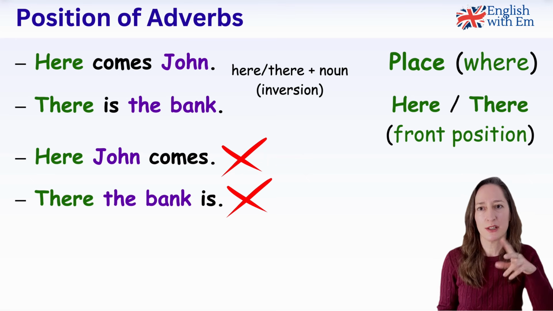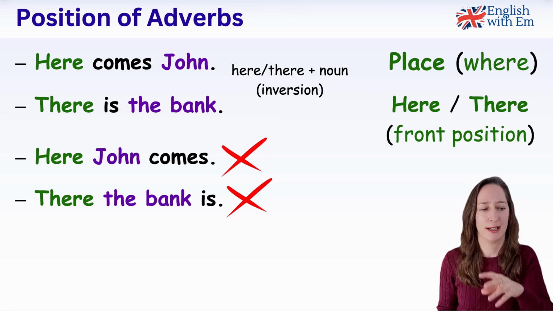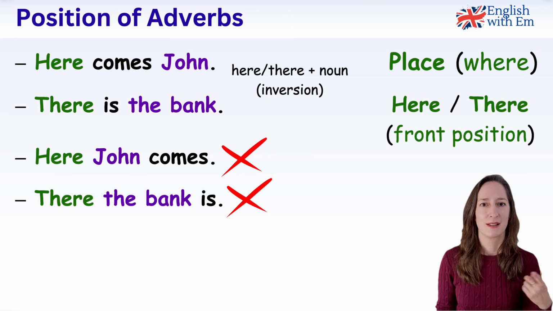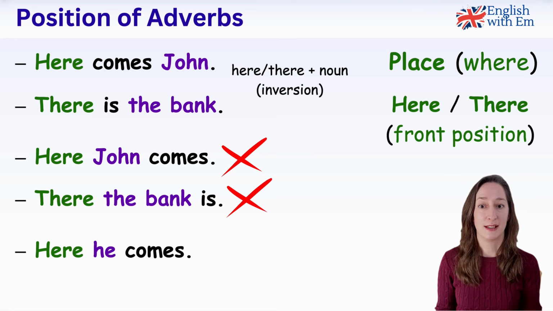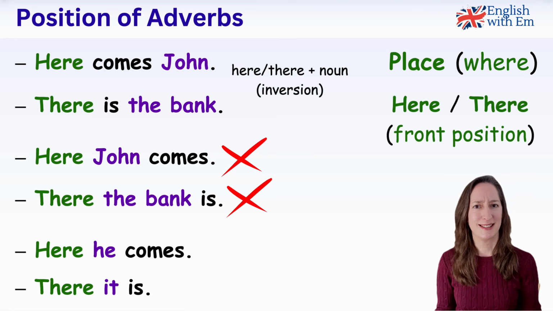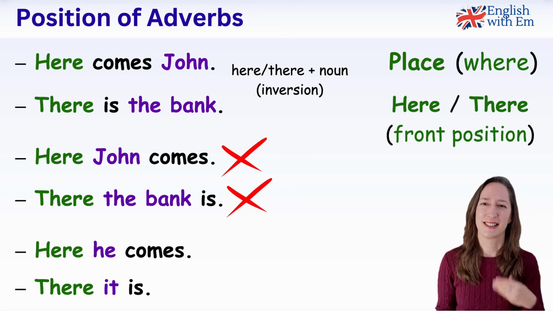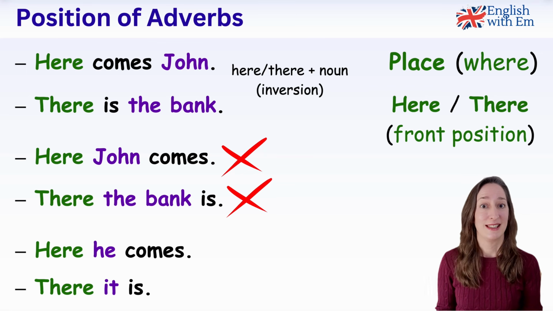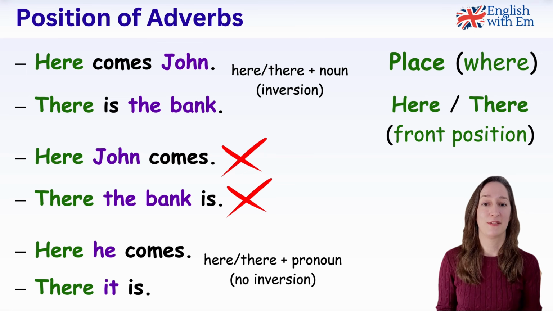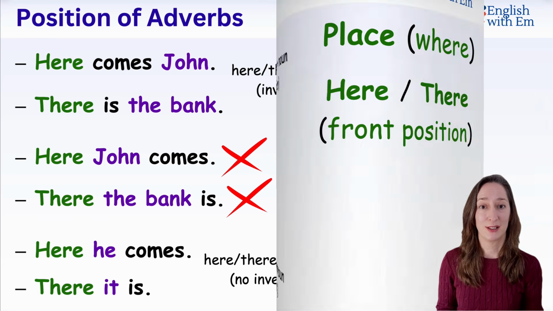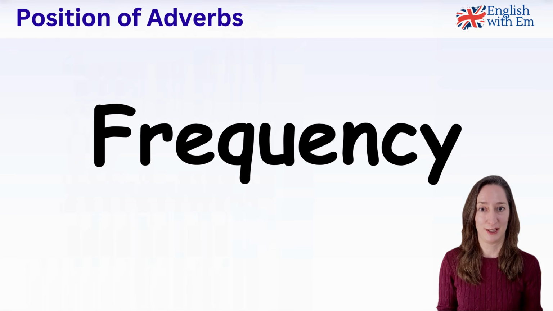So that means that we switch the position of the verb and the noun. Take a look at these next 2 sentences. Here he comes. There it is. What do you think? Does this work? Yes, it does. So when we have a pronoun instead of a noun, it's perfectly correct and no inversion is necessary.